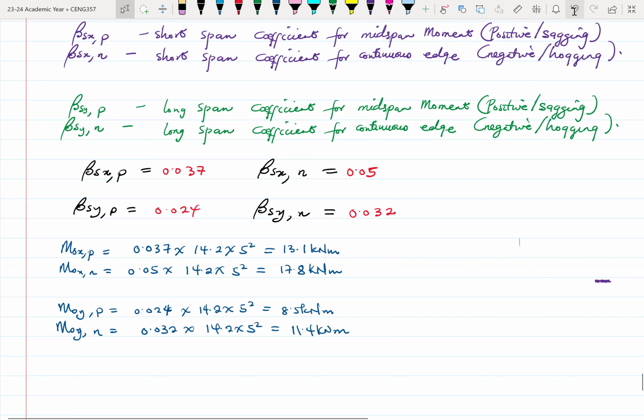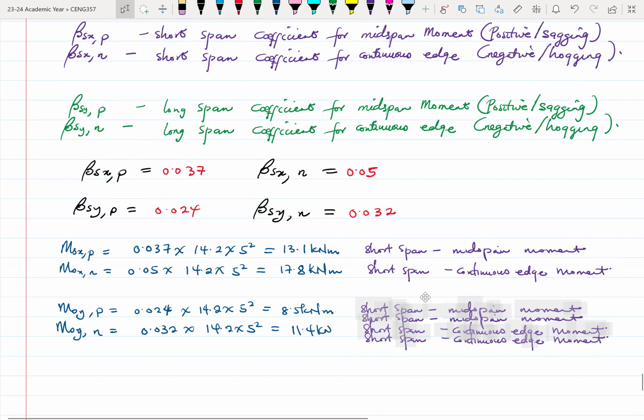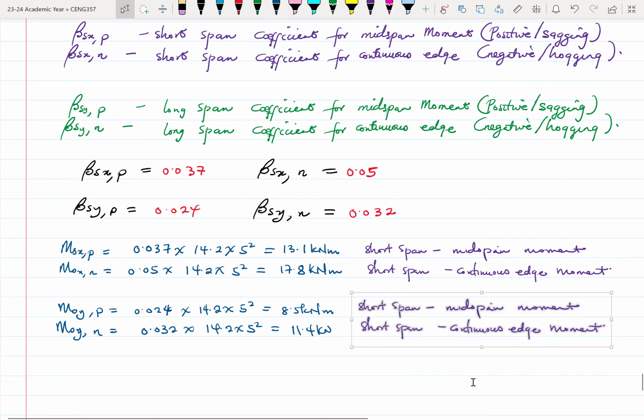All right, so let me make a copy. Sometimes it's just not good to be lazy. Okay, so this will be the long span, not the short span. So let me just do the correction. This is a long or longer span. All right, so these are the things that we need to take note of.